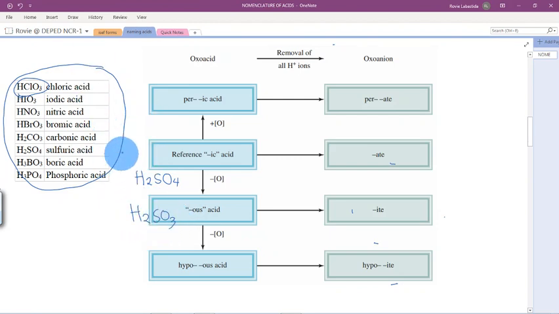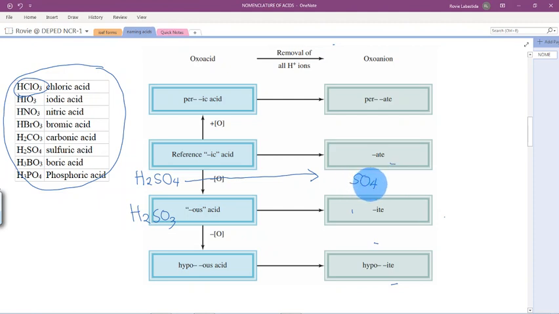Now, if we form the oxoanion, if we remove the hydrogen atoms from the formula, it will become SO4. Since hydrogen ions were yielded, it will also tell you the net charge for the anion.